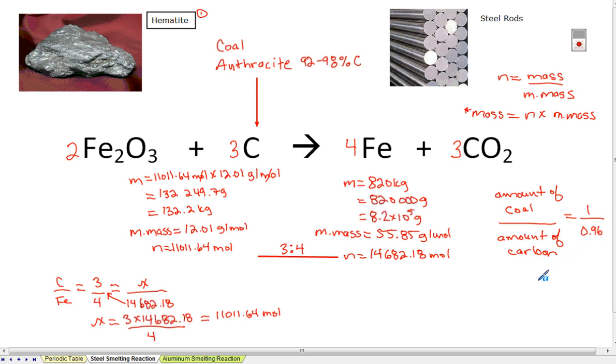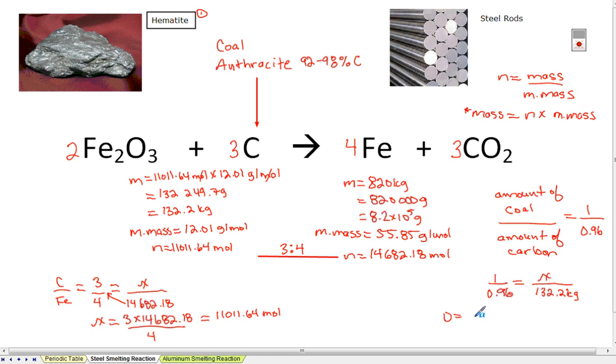So if I have a ratio there, I can easily figure out the mass of coal that would be required. So my coal, that's my ratio of coal to carbon. I know that I don't know my overall mass of coal, but I do know that my mass of carbon is 132.2 kilograms.